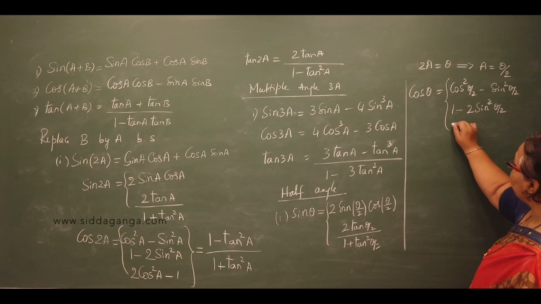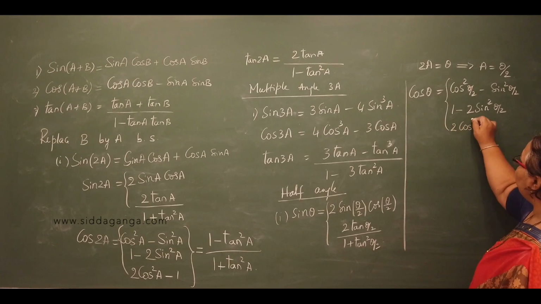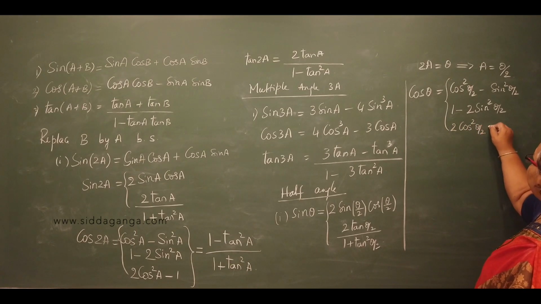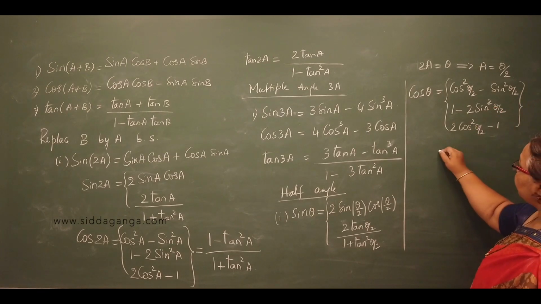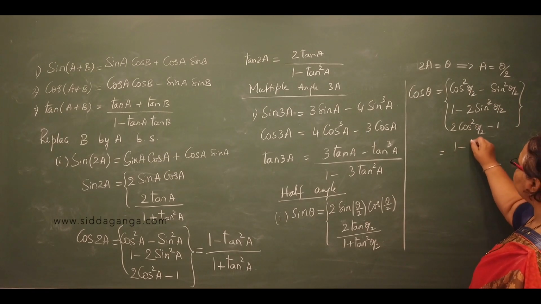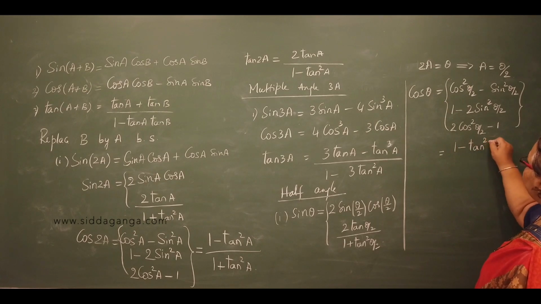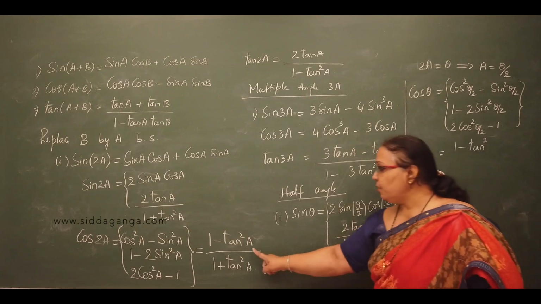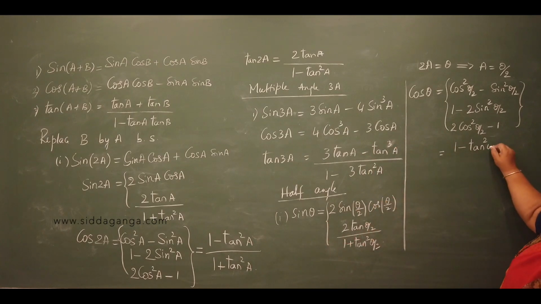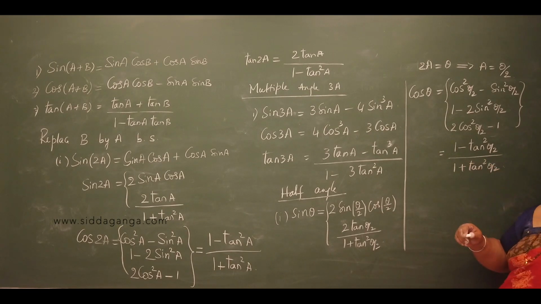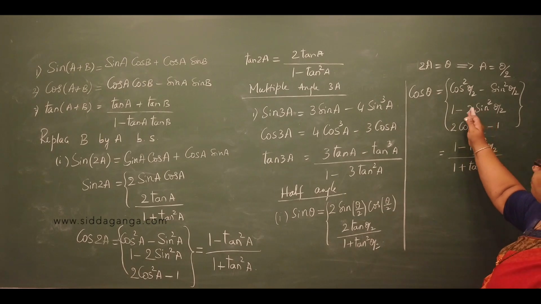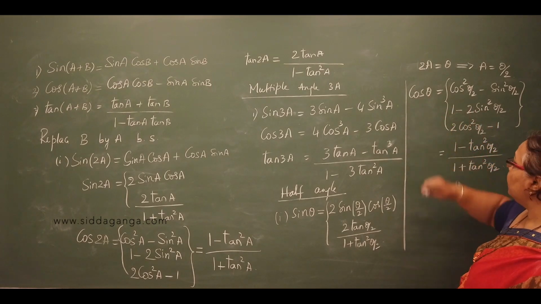Only in terms of cos ratio, 2 cos square theta by 2 minus 1. And only in terms of tan ratio, 1 minus tan square theta by 2 divided by 1 plus tan square theta by 2. So that is the half angle expressions for the cos ratio.